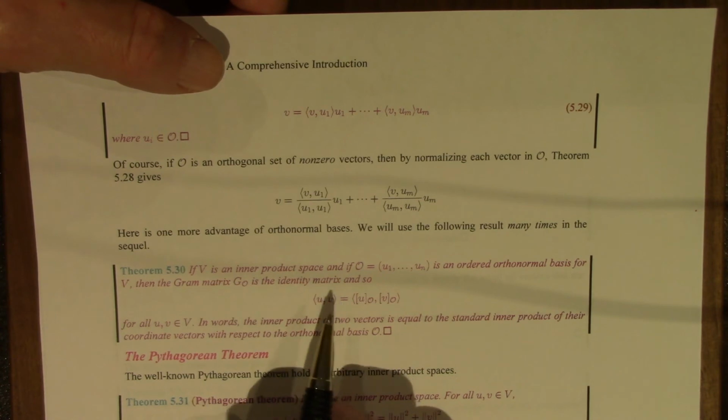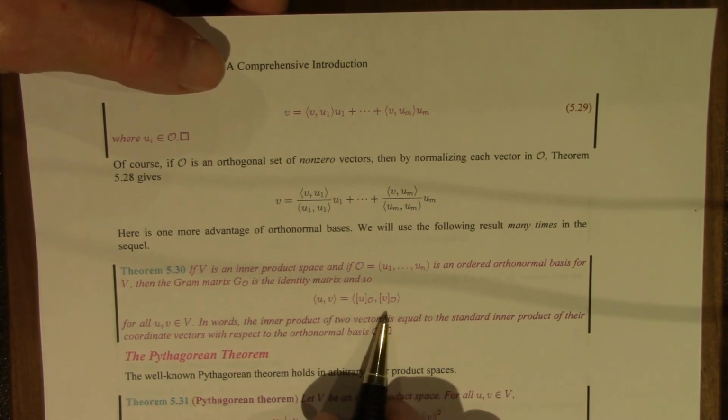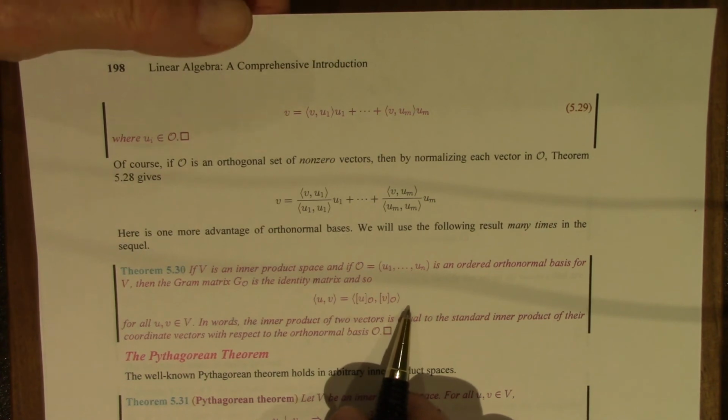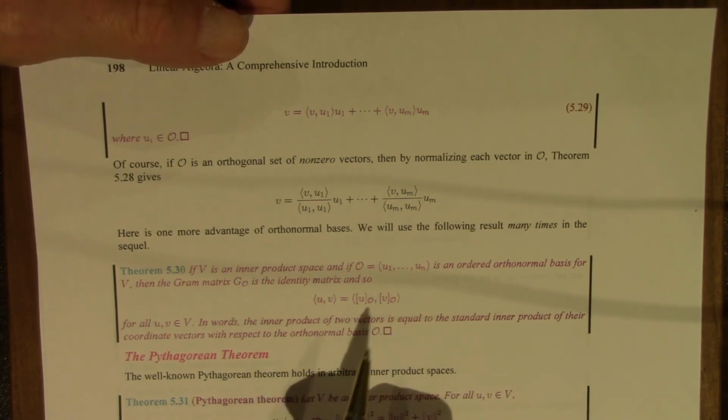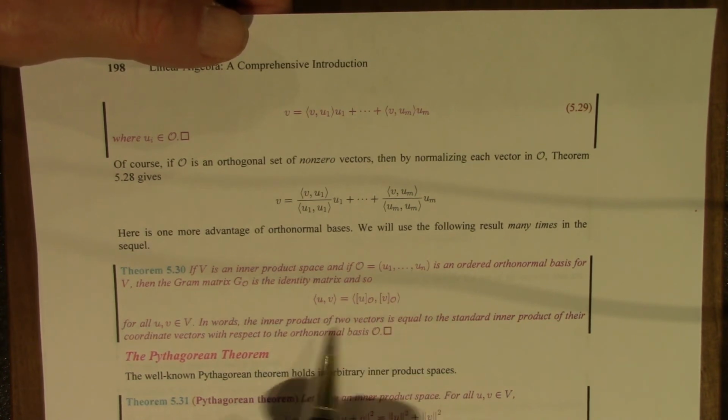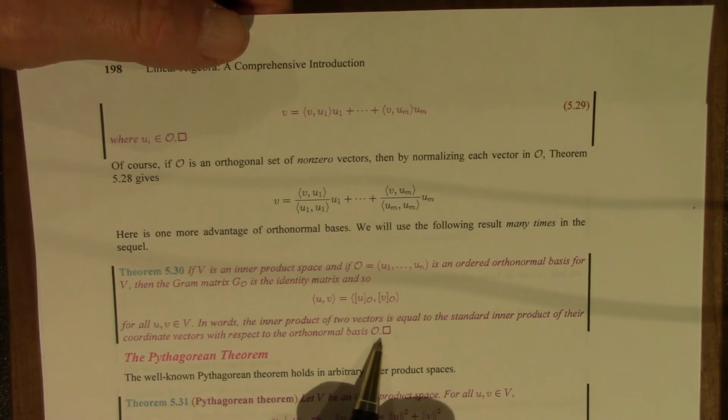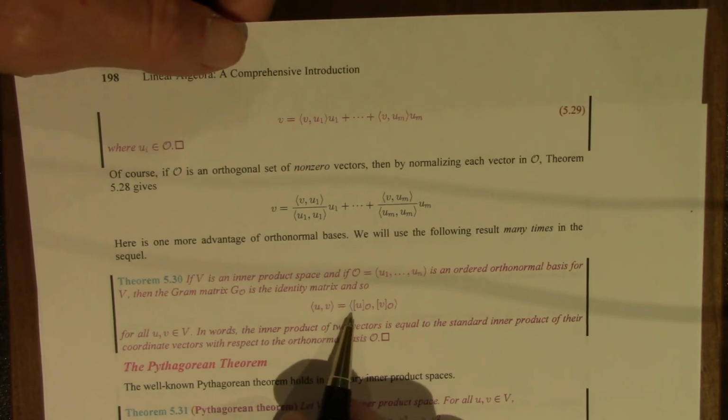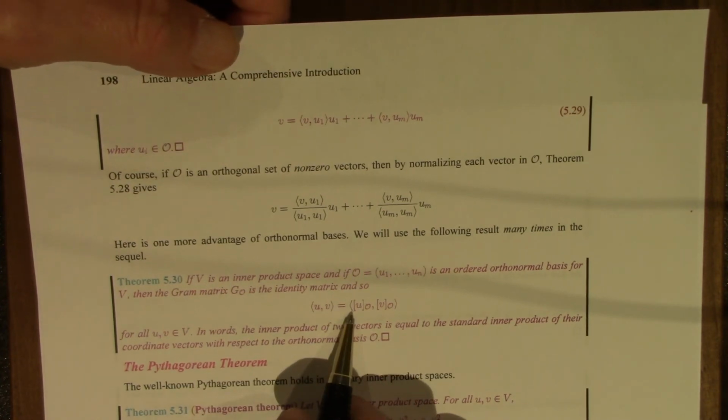And it tells us in words that the inner product of two vectors is equal to the standard inner product of their coordinate vectors. Nothing could be simpler, but it requires an orthonormal basis for this to work. Otherwise, the Gram matrix will not be the identity matrix, and you'd have to stick it back in here.